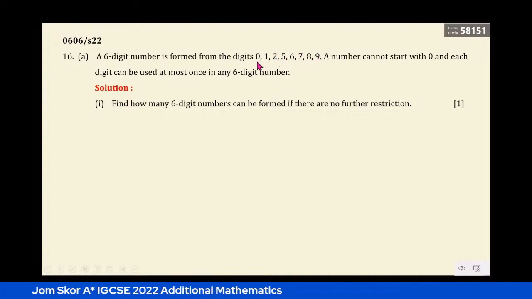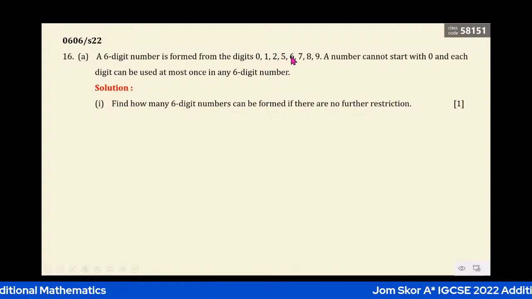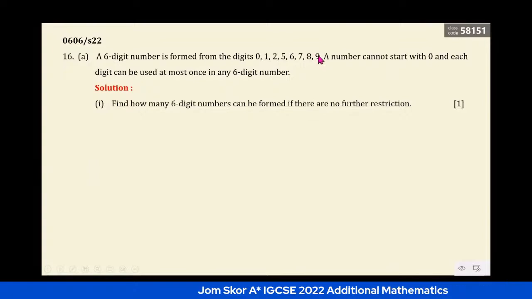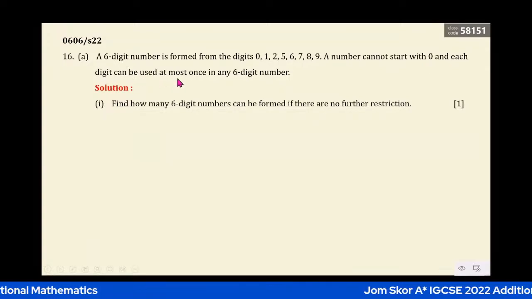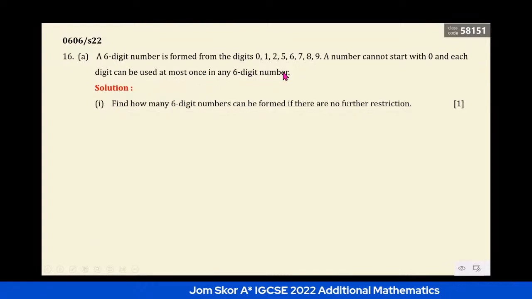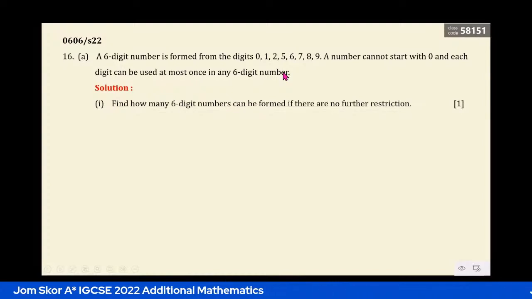Okay, so how many digits that we have is 1, 2, 3, 4, 5, 6, 7, and 8 digits. Okay, so we want to form a 6-digit number, but the number cannot start with 0. Okay, and each digit can be used at most once in any 6-digit number. Okay, sekali je boleh guna, satu digit boleh guna sekali, 0 tak boleh duduk depan.